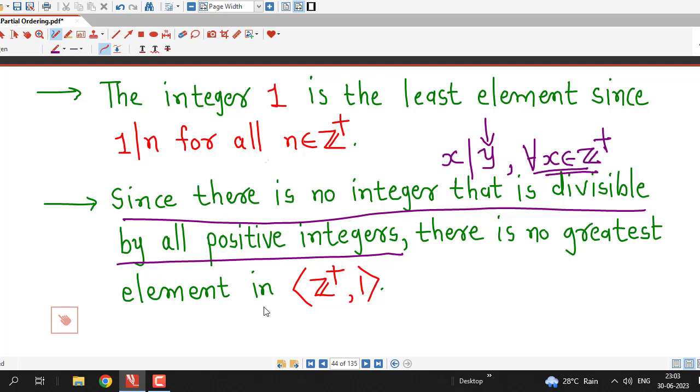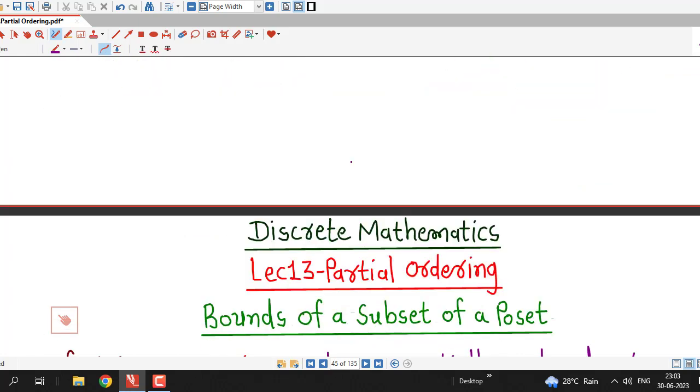Therefore there is no greatest element in this partially ordered set with the divisibility relation. And integer 1 is the least element because 1 divides n for all n in the set of positive integers. So in this way we can decide the greatest and the least elements in a given partially ordered set.